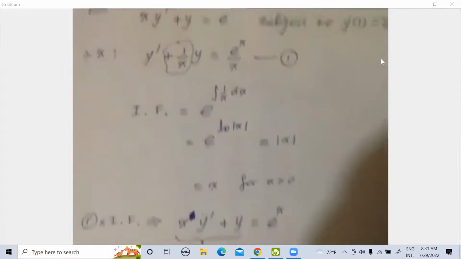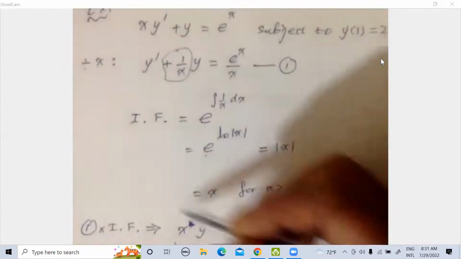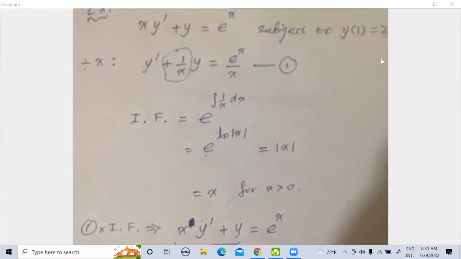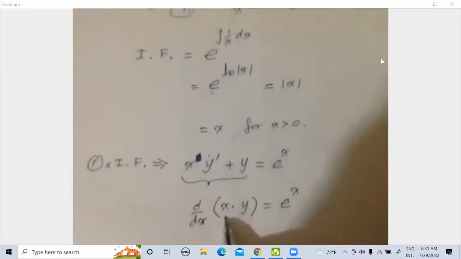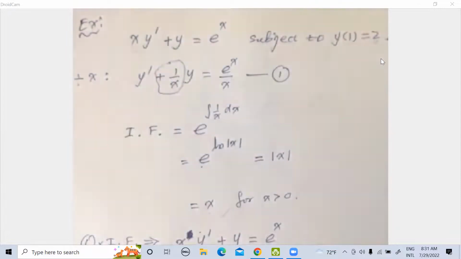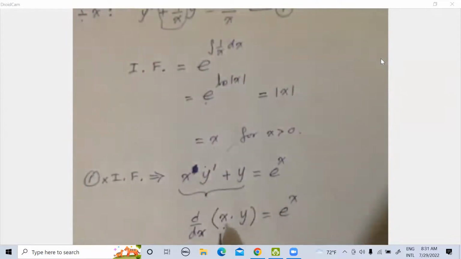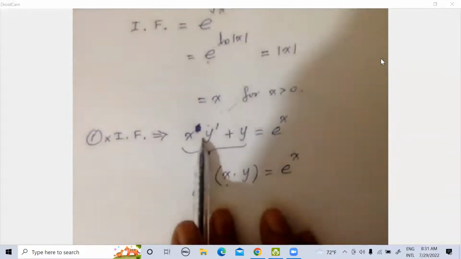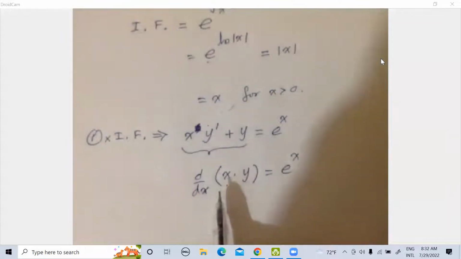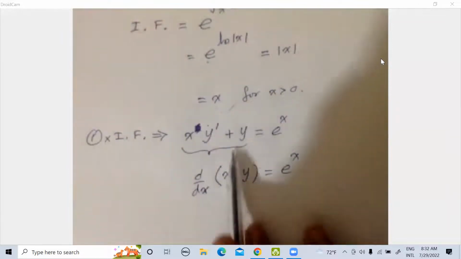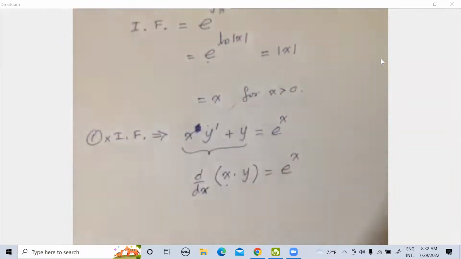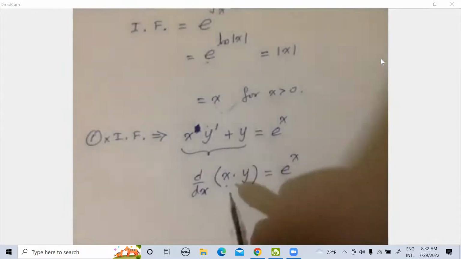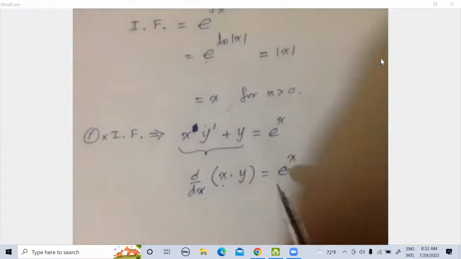We went the roundabout way to write this because we might not recognize it just by looking at it. So now try this: x times the derivative of y, that is there. Then y times the derivative of x is 1. So that is that. It always happens. So this is equal to e to the x.